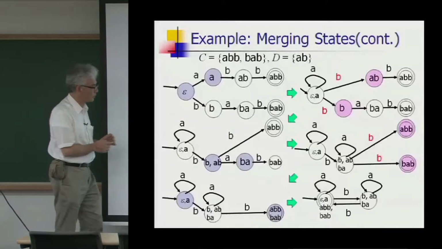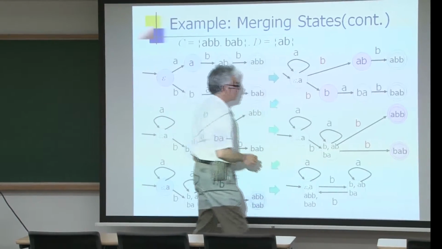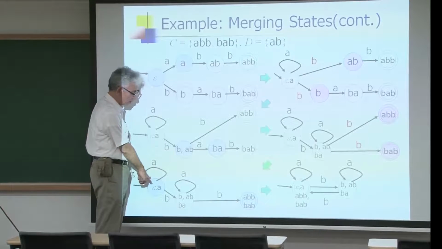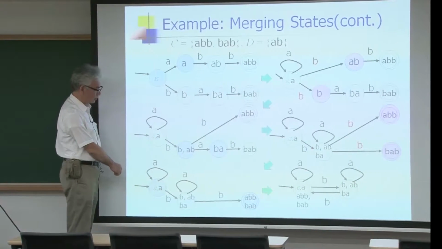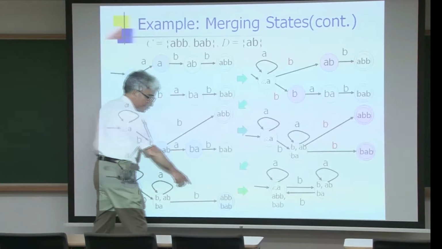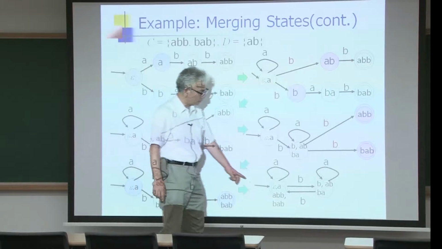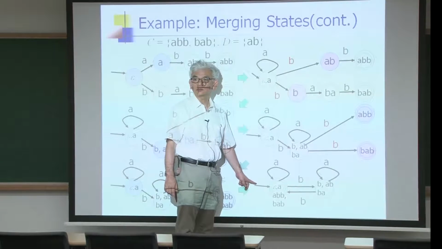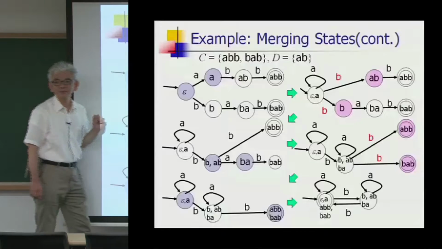Then we try to merge these two, and then we remove the contradiction like this, okay? And then we try these two states, and then eventually we get this automaton as a conjecture. This is the final output of the algorithm.